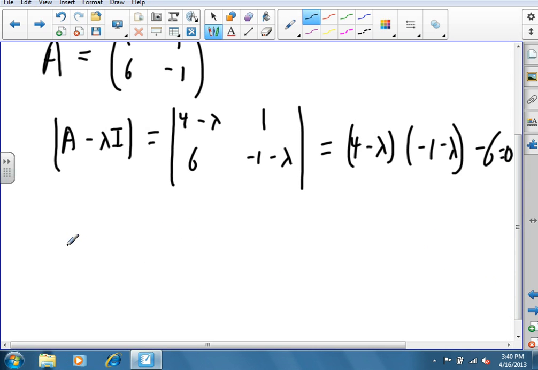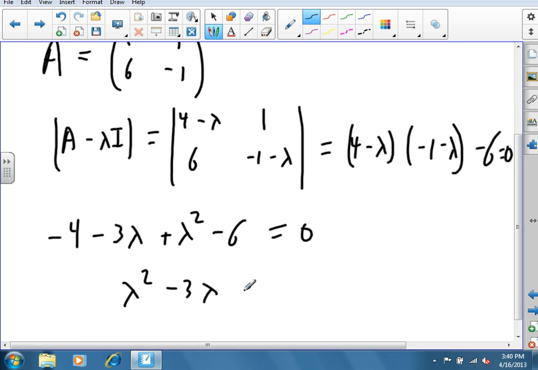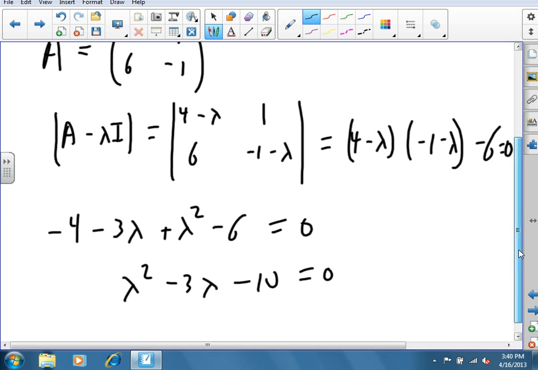Okay, so I've got minus 4 minus 4 lambda plus lambda squared minus 6 is 0. So we've got lambda squared minus 3 lambda minus 10 is 0.